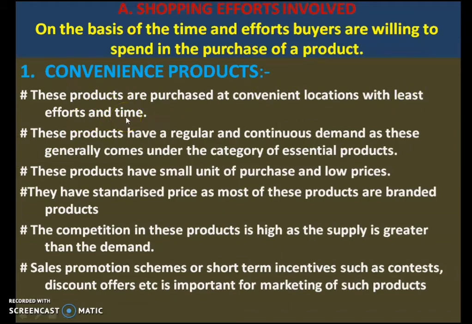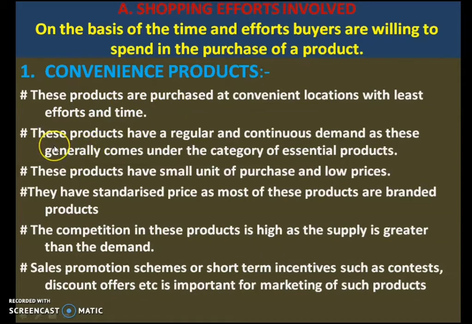We don't think much when we purchase sugar, isn't it? We don't waste time or effort to purchase this product, and we purchase sugar or salt at a nearby place. We don't go to town to purchase these things, isn't it? So with convenient location and with least effort and time, we purchase this product.